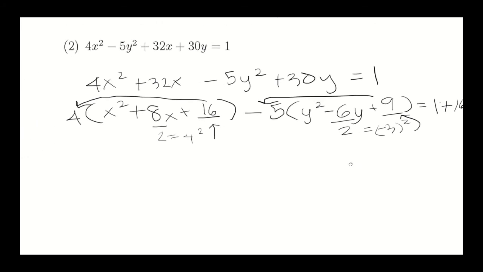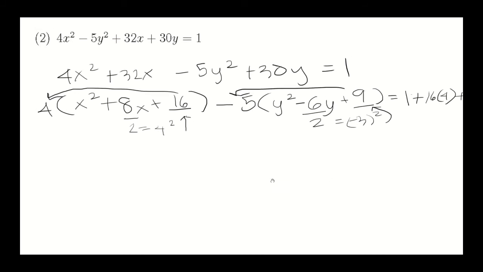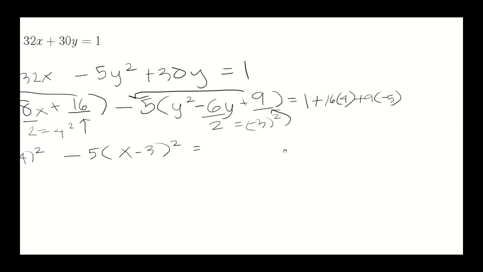Okay, so we have to rewrite this again: 4 times (x plus 4) squared minus 5 times (y minus 3) squared equals, what is 16 times 4? 16 times 4 is 64.